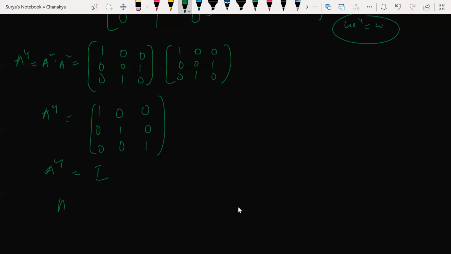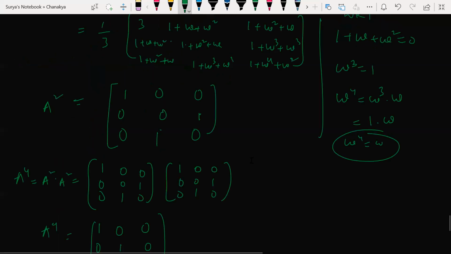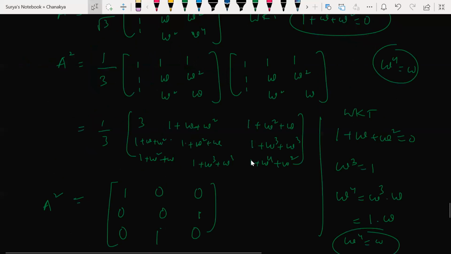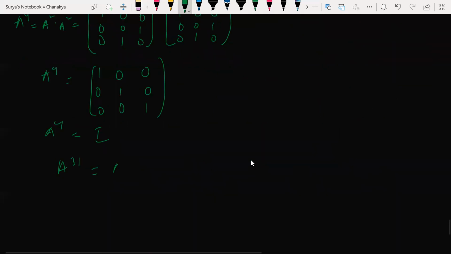But we need A to the power of 31, I think. A to the power of 31 I need. So A to the power of 30 into A, can I write? Yes. A to the power of 30 can be written as what, beta? A to the power of 28 into A square into A. Correct?